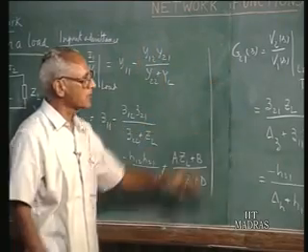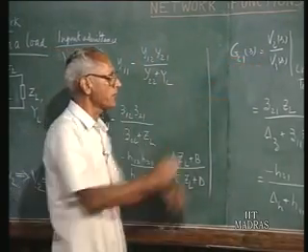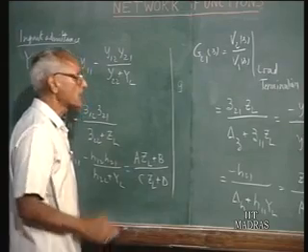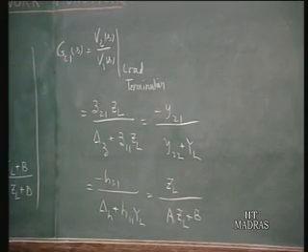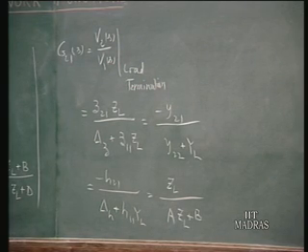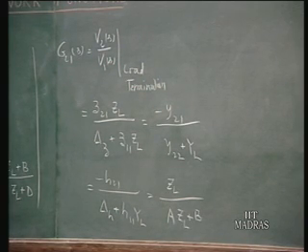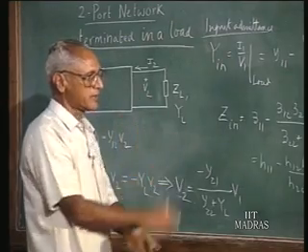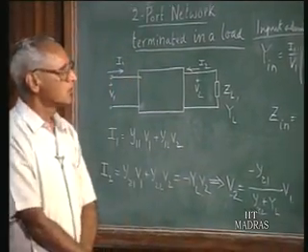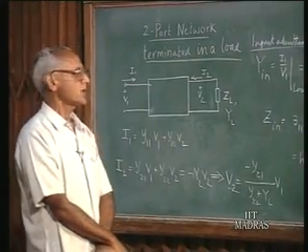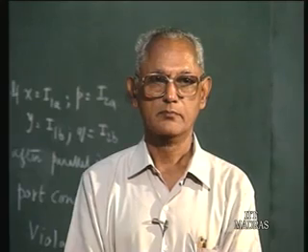Under open circuit conditions, for the ratio of V2 to V1 we use small g. In general load terminated conditions, we use the capital G. Similarly, instead of small y11, we can write capital Y and Z in this case, because they are not under normalized terminal conditions, but under specific loads which are defined by ZL or YL as the case may be.